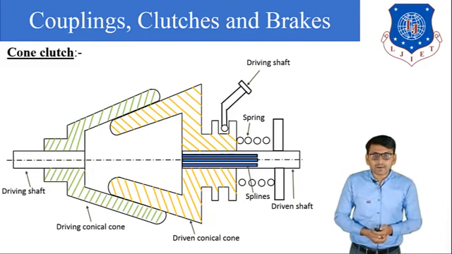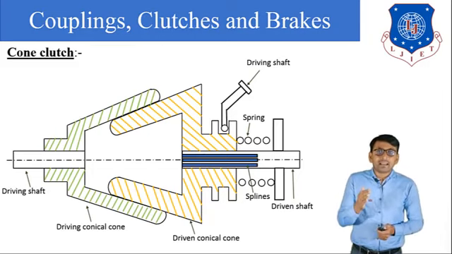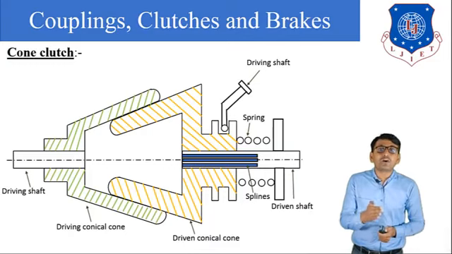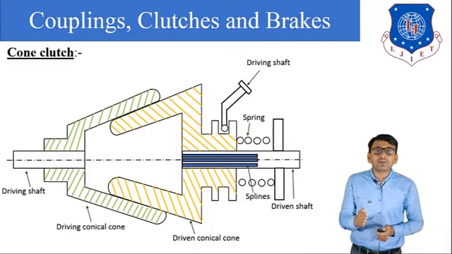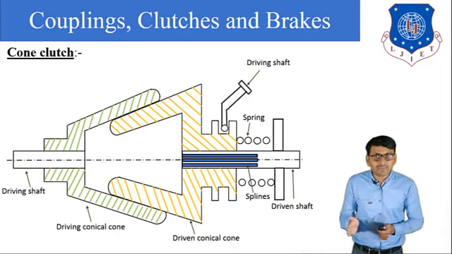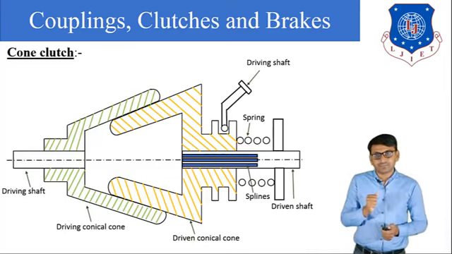So in normal working condition, the driving conical cone and the driven conical cone are connected with each other, so motion and power transfer from driving shaft to driven shaft.